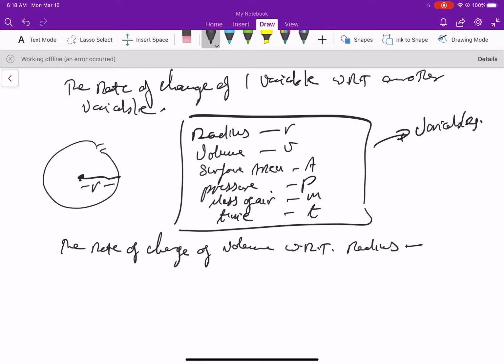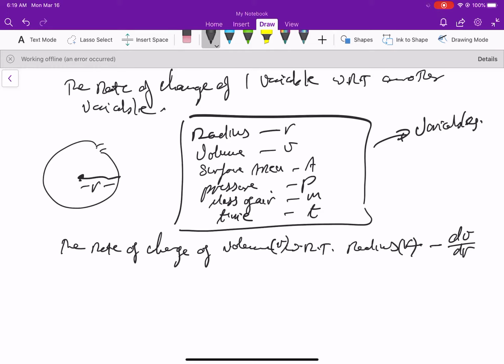The volume is V and the radius is r. The rate of change of volume with respect to radius, the notation for that would be dV/dr.